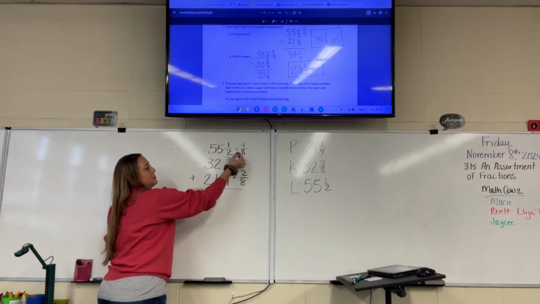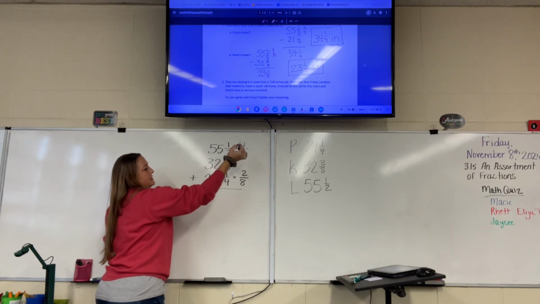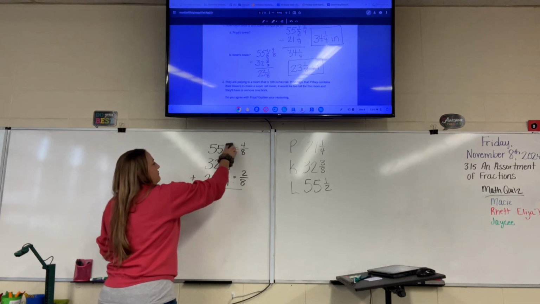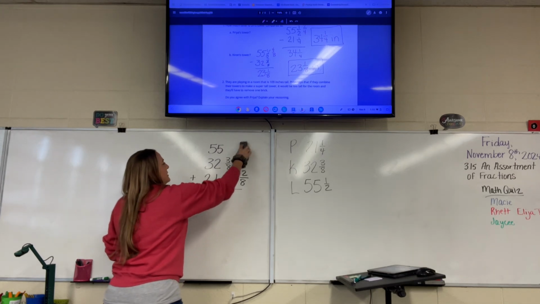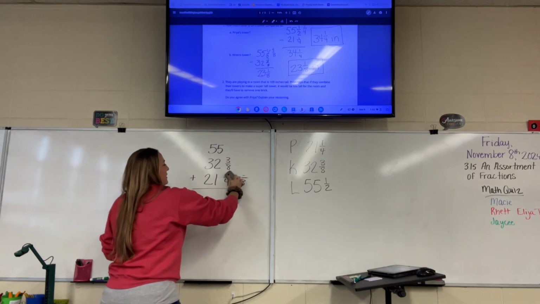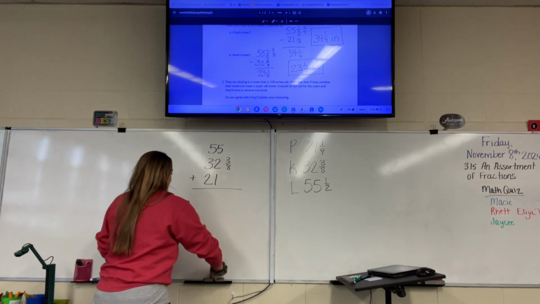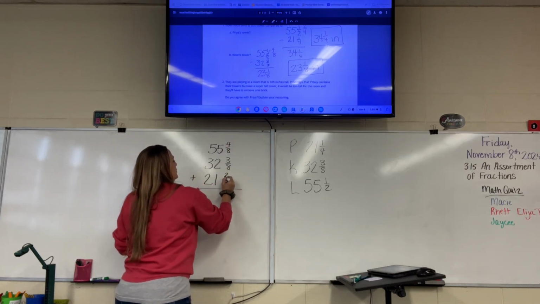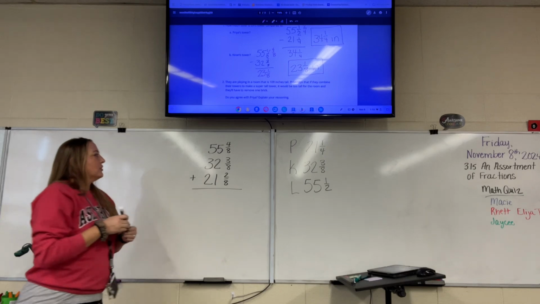What do you multiply 2 times to get 8? It's 4, and if you do it to the bottom, you do it to the top. Okay, so now I have 55 and 4/8 and 21 and 2/8. So 55 and 4/8, 21 and 2/8, and 32 and 3/8.